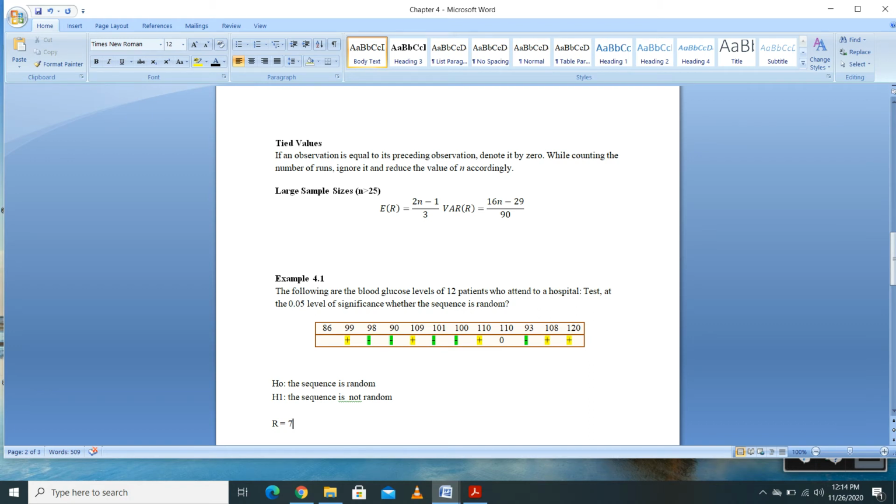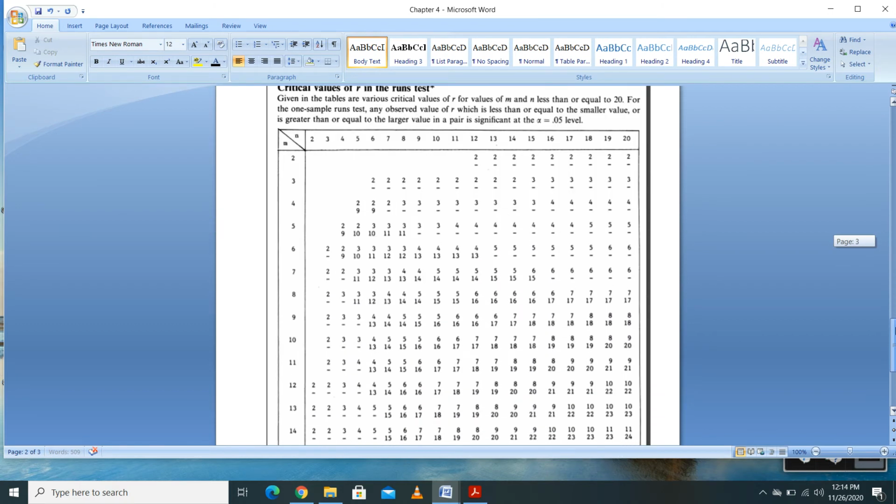Now we have to read the runs table. First I'll show you the runs table here. Yeah, this is the runs table. So you have an M value and an N value, right? Given in the tables are various critical values for the runs for each value of M and N less than or equal to 20.